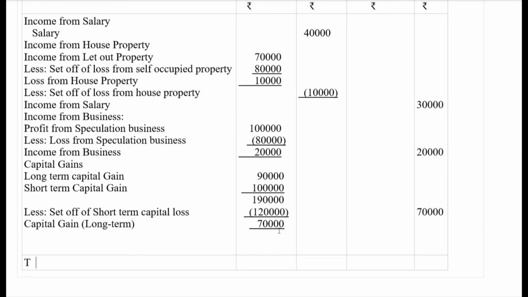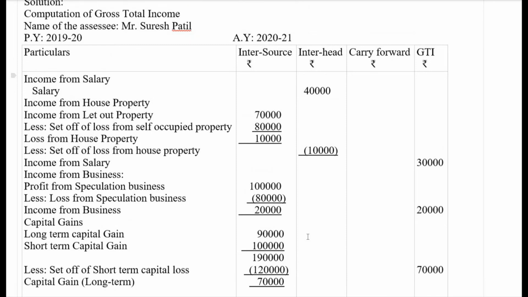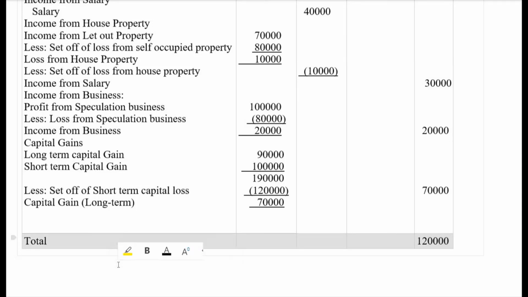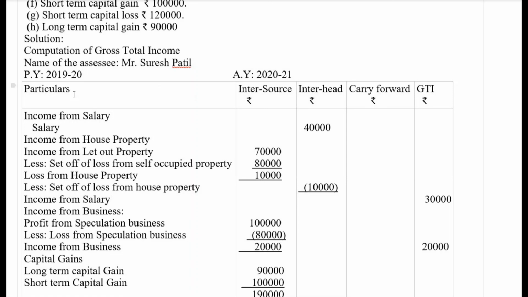Then the total will be, so here nothing, here also nothing, then here also nothing. So 70 plus 30 is 1,20,000. So 1,20,000 is what we are going to get as the gross total income. Let me make this bold.